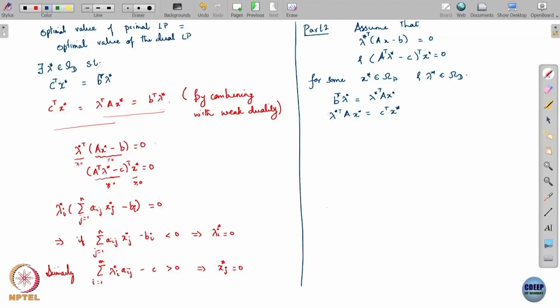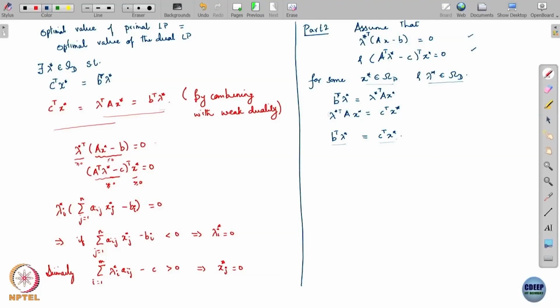All right. So, now what does this mean? This means that b transpose lambda star is equal to c transpose x star. So, the very fact that these two conditions hold for some x star in omega p and lambda star in omega d, from there we conclude that b transpose lambda star equals c transpose x star.